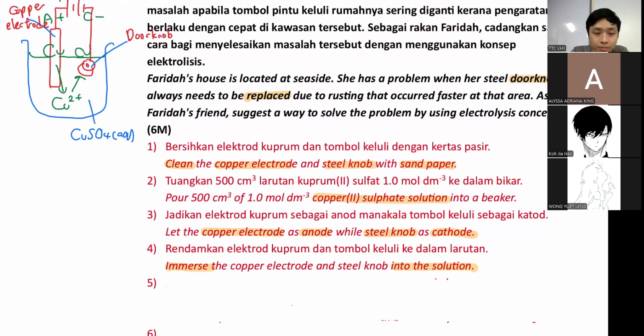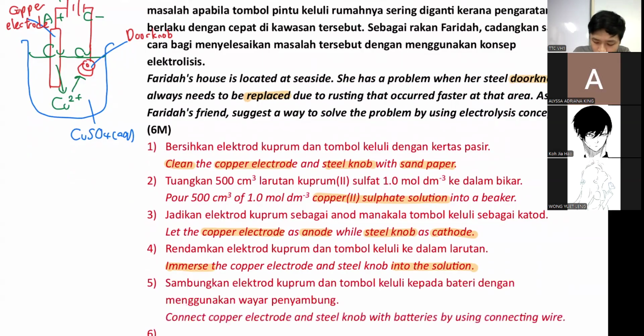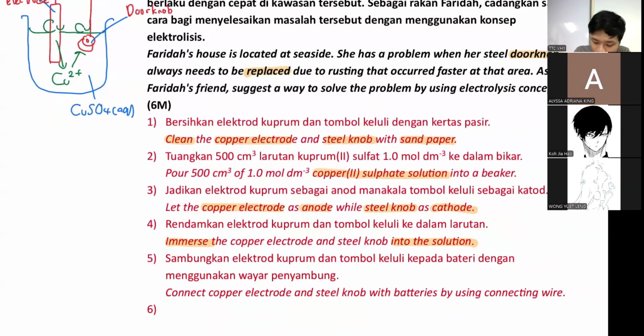And then connect with connecting wire. You connect these two things with wire, along with the battery. That's why I say Form 5 Chapter 1 can come out anything. This is one of them, they can ask for the procedure. Connect the copper electrode and steel knob with the battery by using connecting wire.